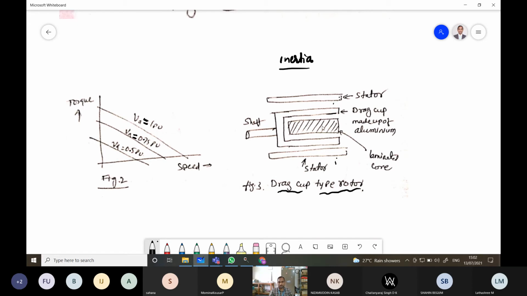In the cup, the rotor laminated core is present. This is the shaft of the rotor, and this entire thing we can call the rotor. It is placed in between the stator. This type of construction is used to reduce the inertia of the servo motor.